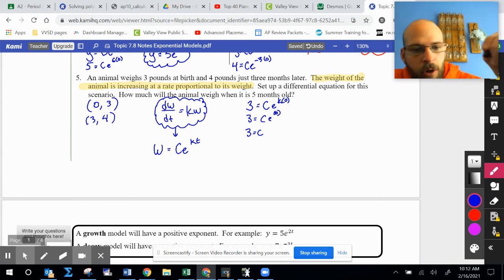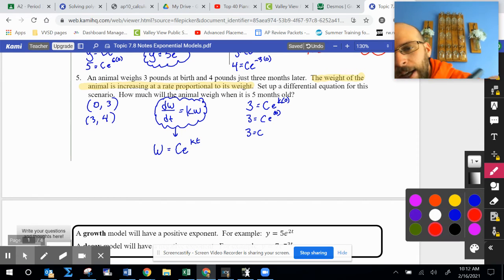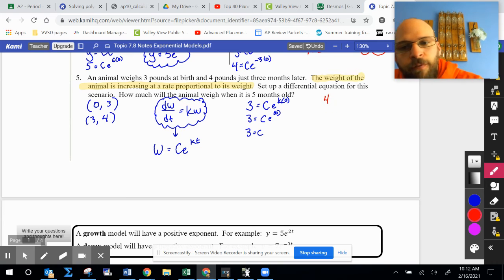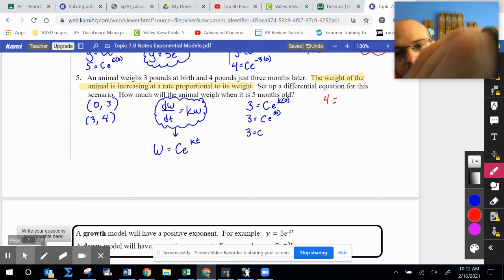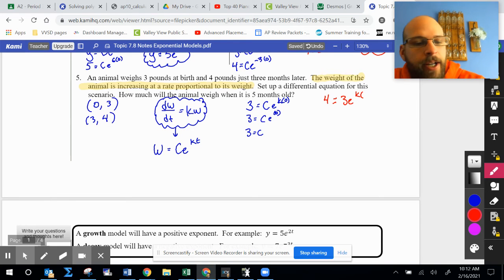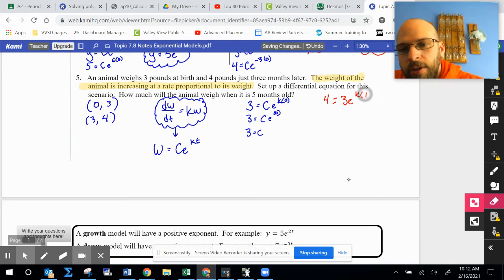But I also know that I have the point (3, 4). So it's 4 pounds. I know what c is. I just need to find k. So t is 3. Let me write that a little neater here.